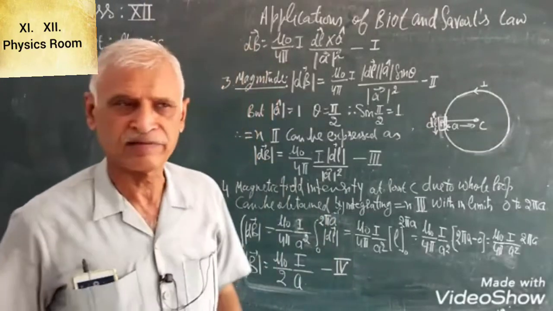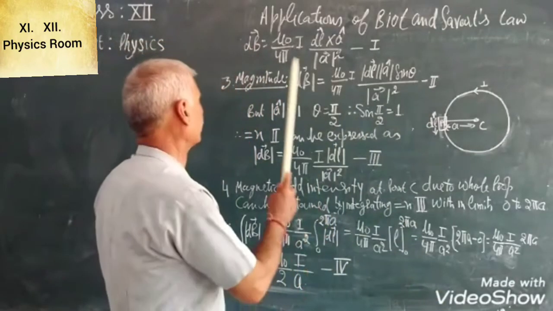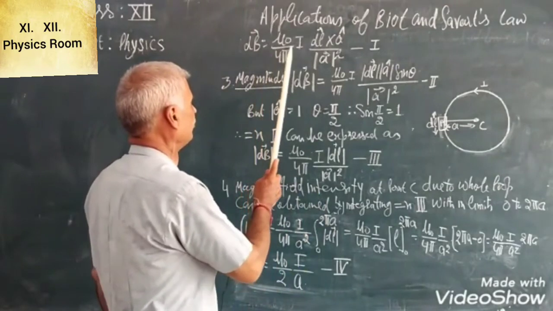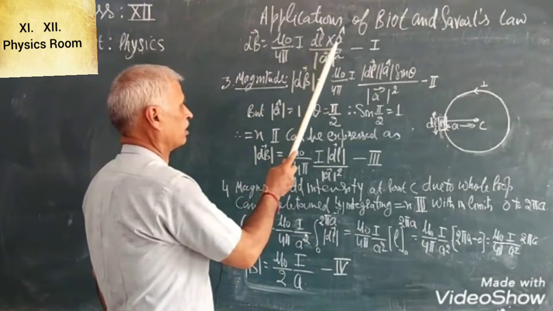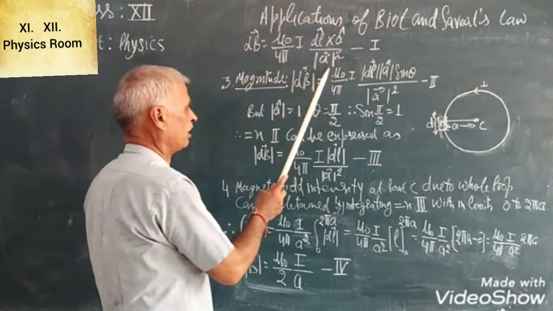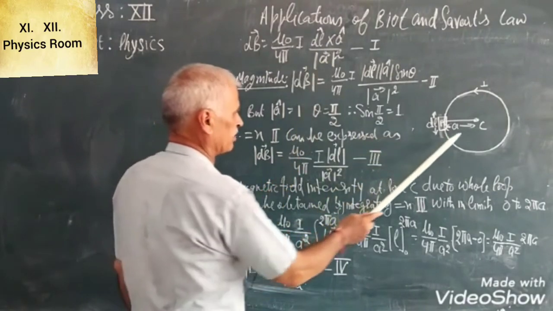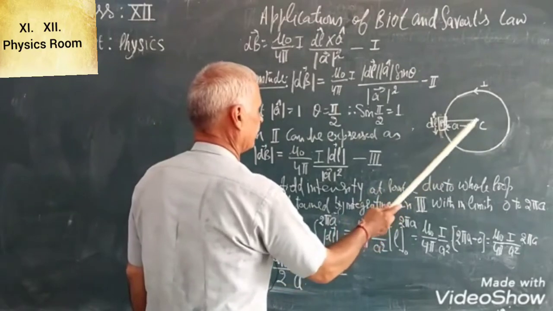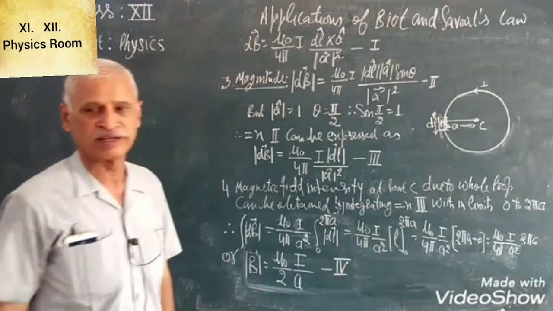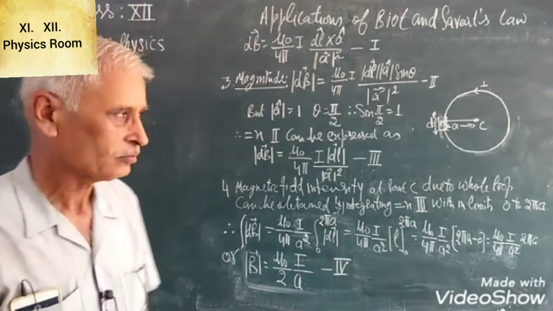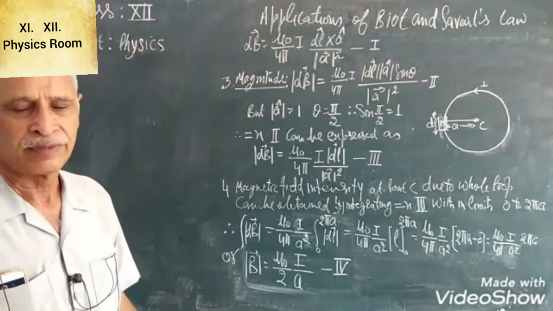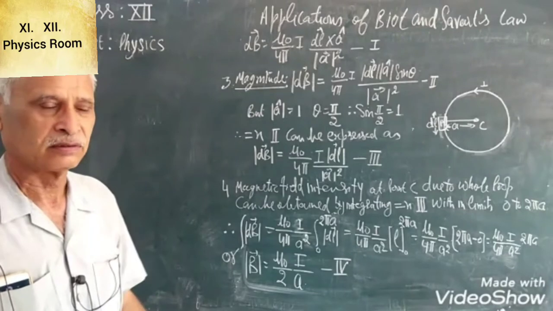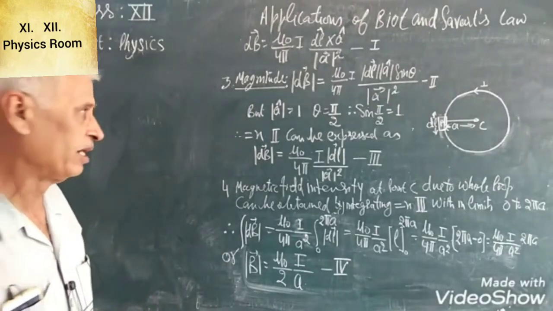Since magnetic field is given by the expression dB is equal to mu 0 over 4 pi, I dl vector cross product with A cap divided by mod A square at the center of the current carrying circular loop according to Biot and Savart's law, now we calculate the magnitude of magnetic field at the center of the circular current carrying loop.